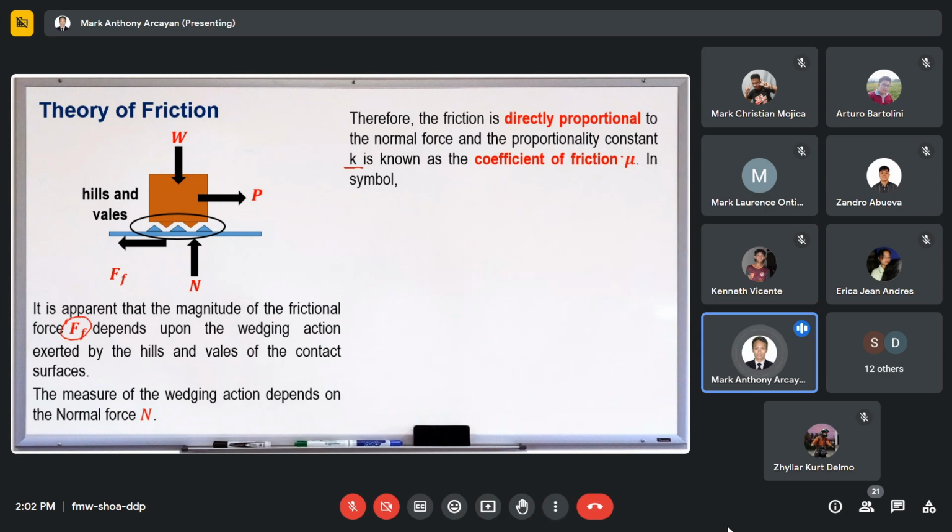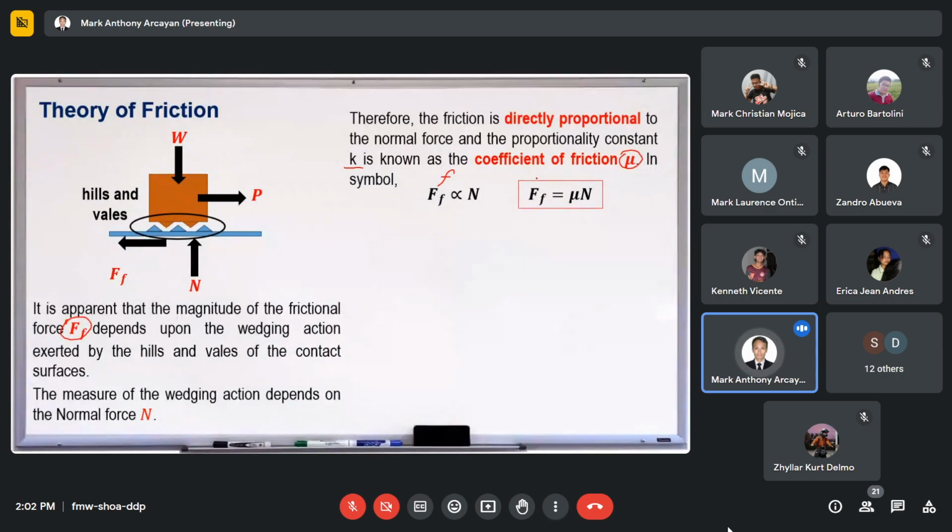Mu is mostly used, though Singer uses the small letter f. So in symbols, the frictional force is directly proportional to N. Introducing a proportionality constant, that is mu N. So our mu here is the coefficient of friction, and this mu depends on the type of the surface.